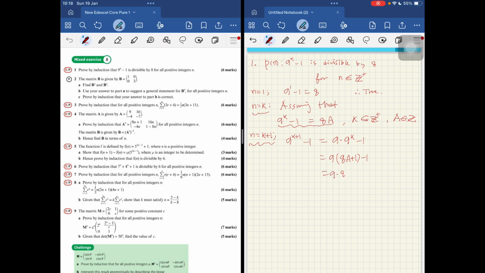So 9 times (8A plus 1) minus 1, which is 8 times (9A plus 1), which is true. So here and here, because the first step and third step are proofs, the second step is an assumption.